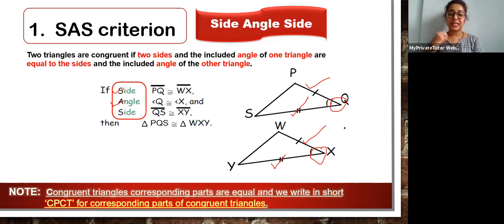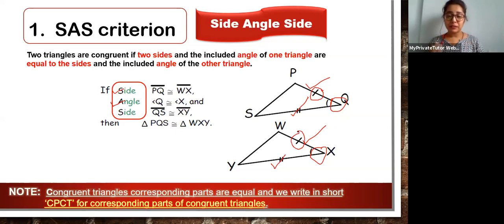Congruent triangles' corresponding parts are equal. Now what does corresponding part mean? Like we just saw that PQ is congruent to WX. Now why congruent to WX only? Why can't we write XY in place of that? They have clearly mentioned by this line that the measurement of both of these sides are equal.